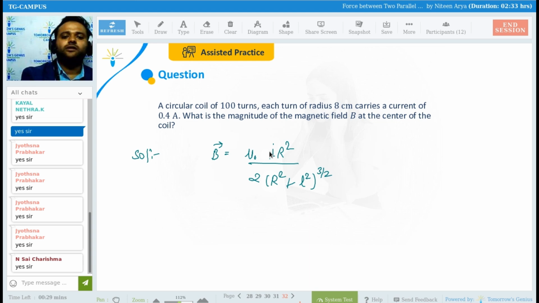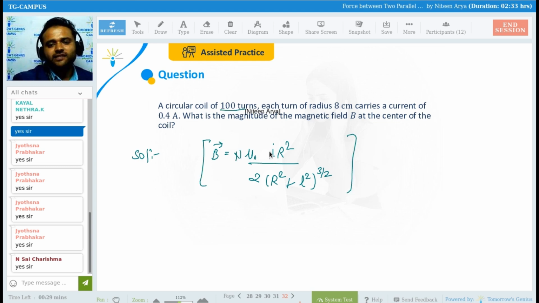This is your formula. Now everything is given. Coil of 100 turns, so you just multiply by N also. N is given, R is given, I is given, and at the center.